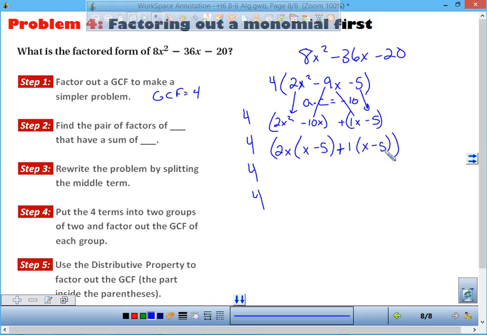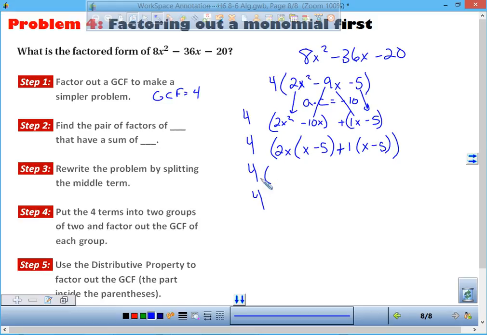Now the reason I put this extra set of parentheses here is because of the 4 on the outside. The 4 has to be multiplied technically by everything, so that's why there are parentheses around that 2x at the beginning as well. So now my answer is going to be the outside parts and the common inside as my two binomials.